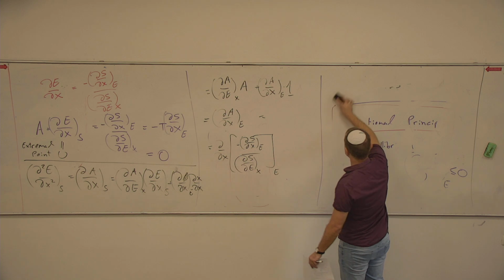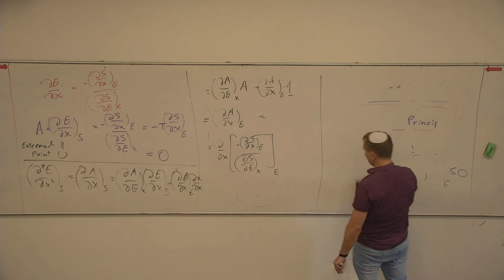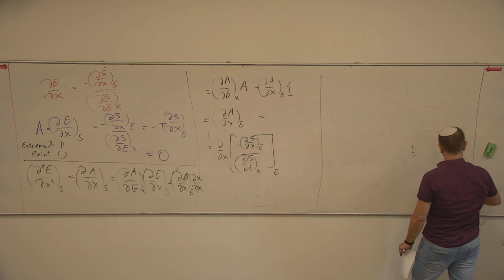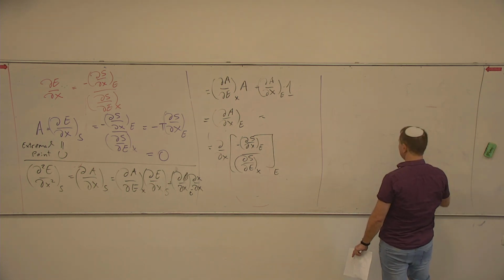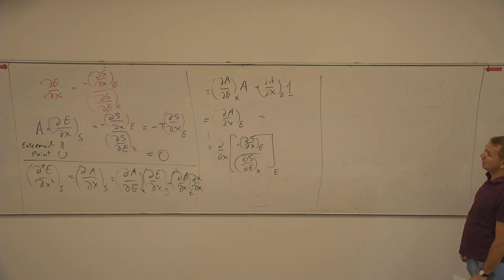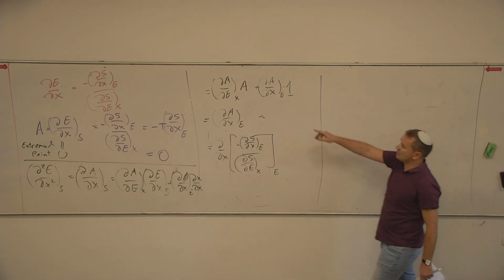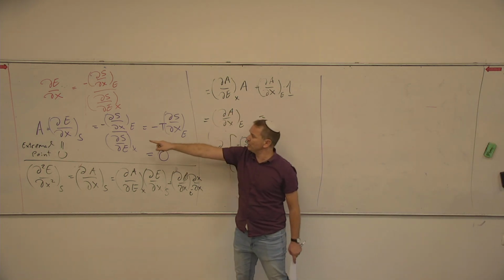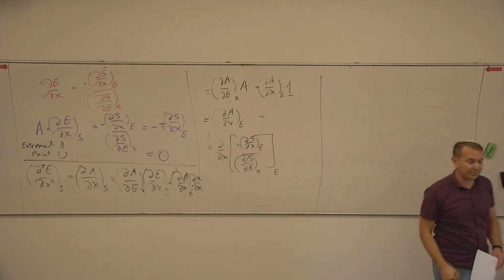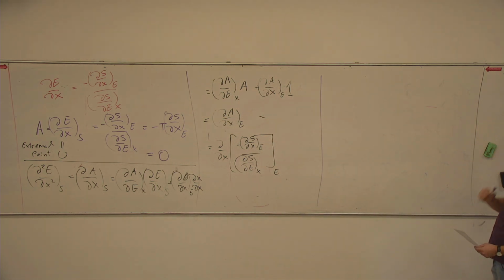Now it's a simple derivative of a ratio of two functions. Sorry? Yes? Why from the top line to the second, what was the... The assumption that I'm working at the extremal point, therefore a equals 0. Okay. Great.